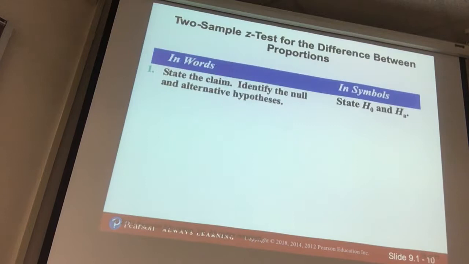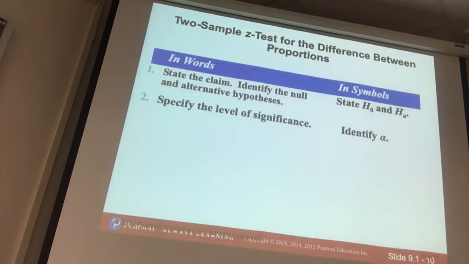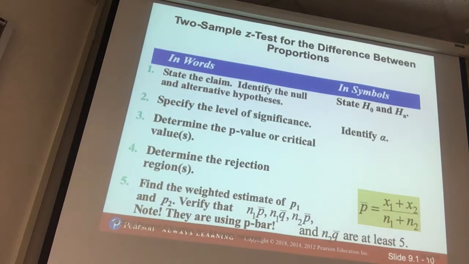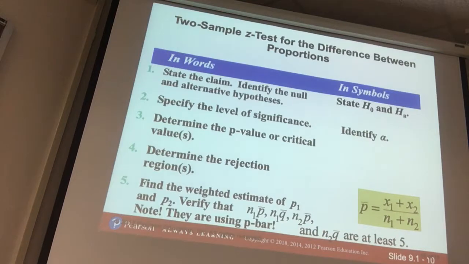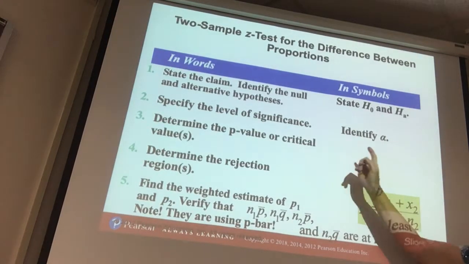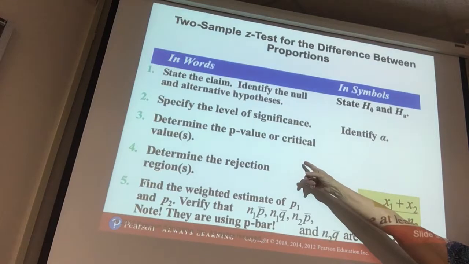Okay, so now let's go through the big picture here. So we're going to state the claim. We're going to determine our H sub 0 and H sub A. We're going to determine our level of significance, alpha, should be given to us, otherwise we use 0.05. Determine our p-value or our critical values.